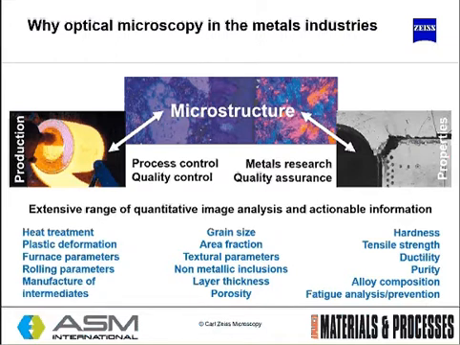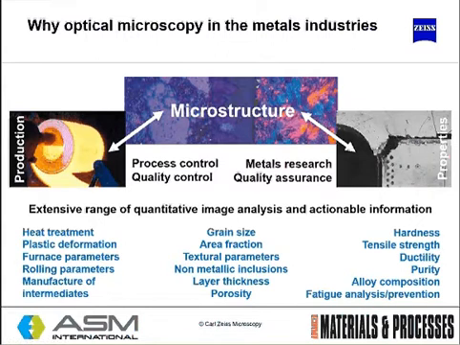So why optical microscopy? So this really splits into two areas. So it's the production parameters within the steel plant for monitoring and quality control, as well as understanding the properties in metals research and quality assurance, or in this case, in failure analysis and understanding exactly why a failure may have propagated.